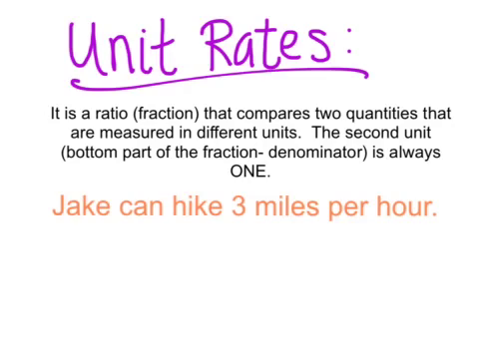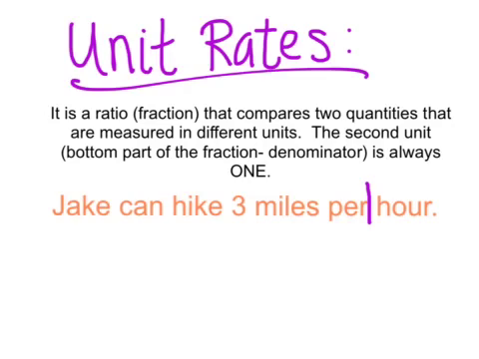Here's an example. Jake can hike 3 miles per hour. When you see per and then a unit, this is always meaning 1. So I could put a 1 in front of it, and then I'm going to write it as a ratio or a fraction.